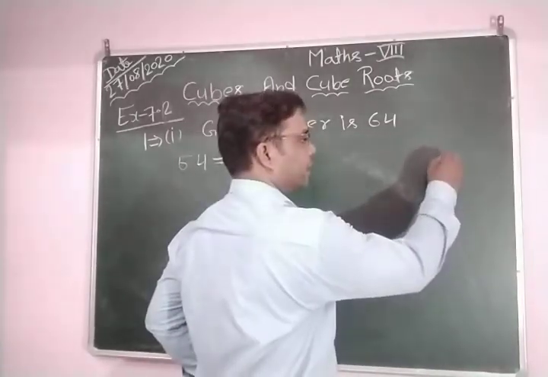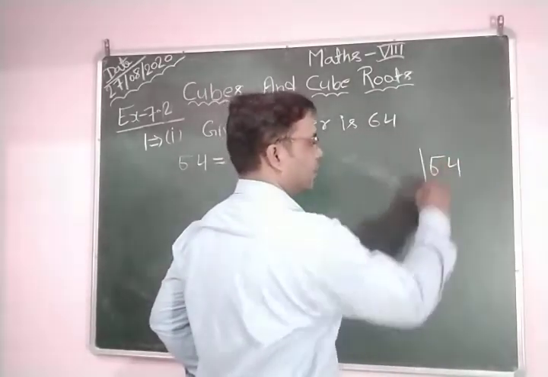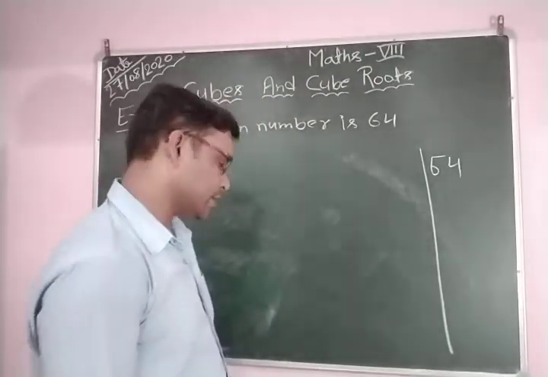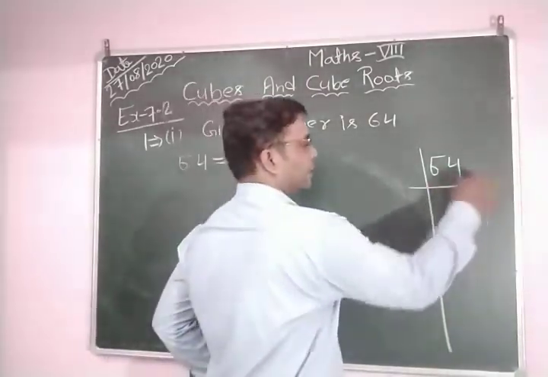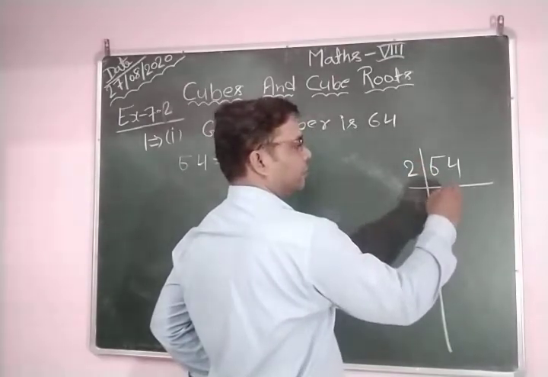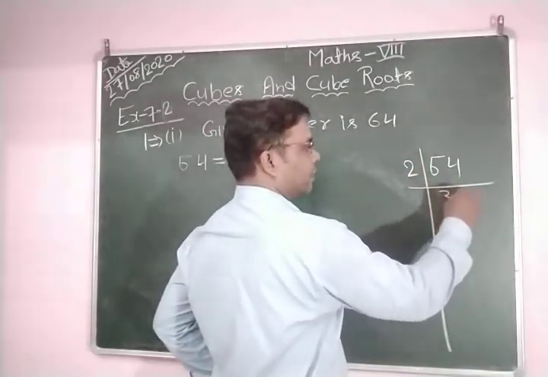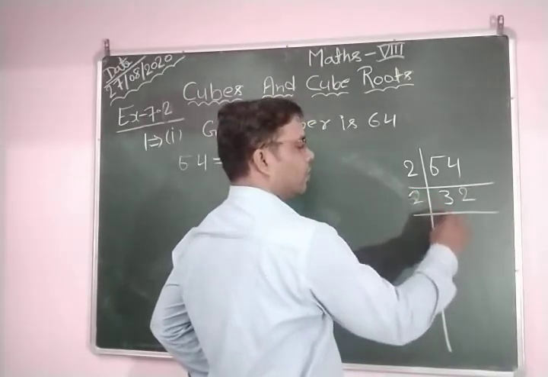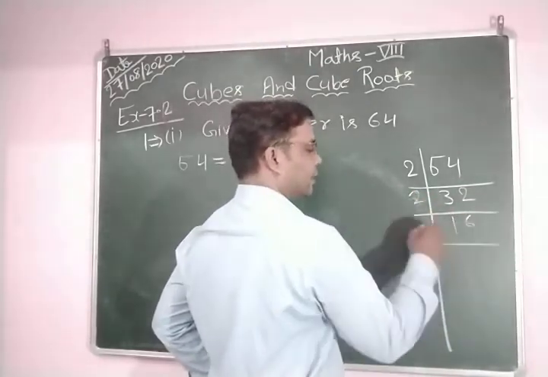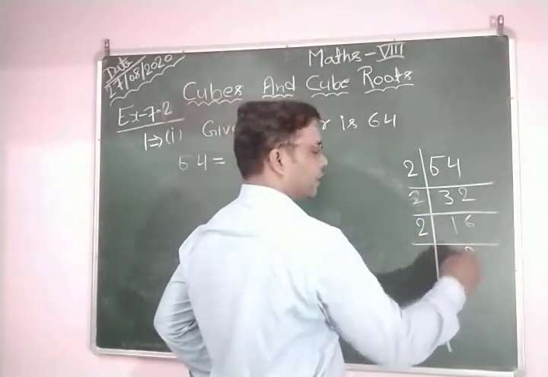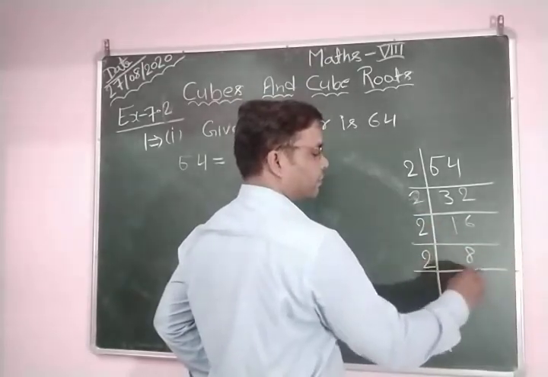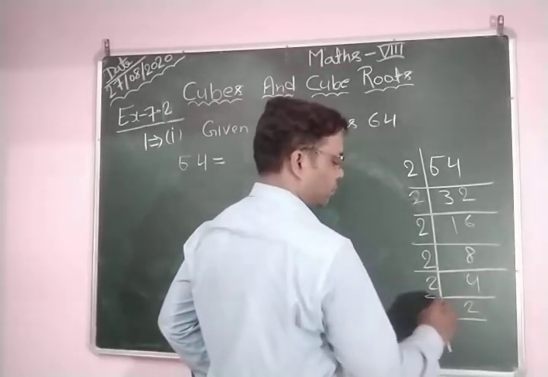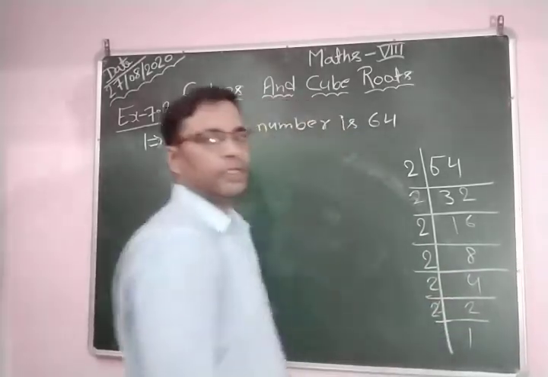Okay, so you can write 64 like this, and this is divisible by 2, then you obtain 32. After this it is again divisible by 2, we obtain 16. Again this is divisible by 2, we obtain 8. Again this is divisible by 2, and we obtain 1.